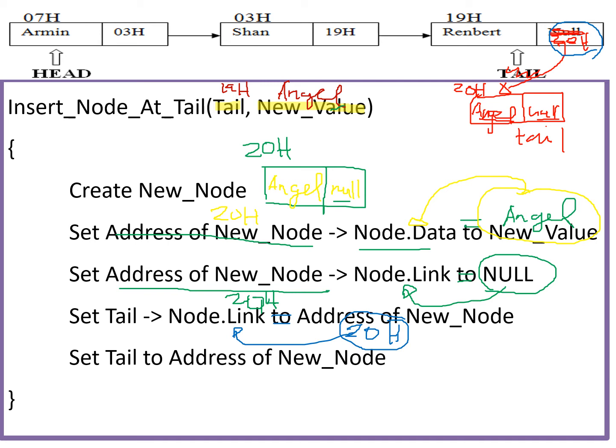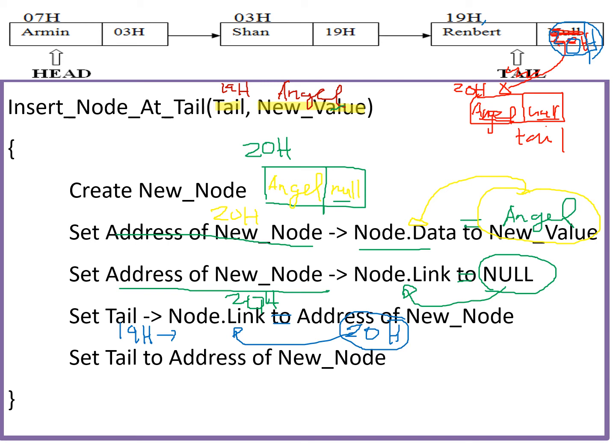Our current tail is 19h. So, that means 19h referencing node.link is equal to 20h. Tama, di ba? So, naka-reference na siya.